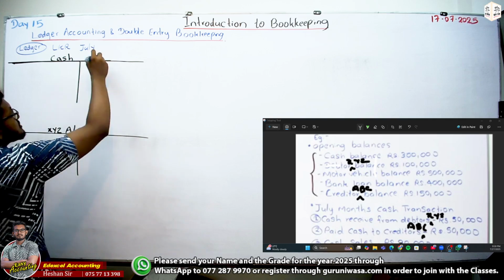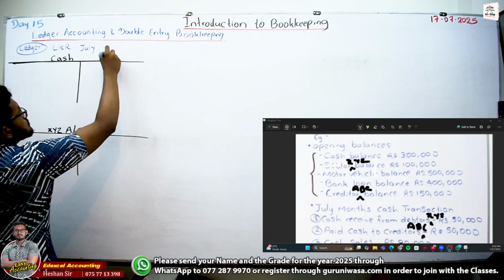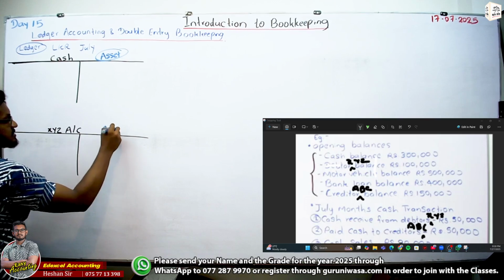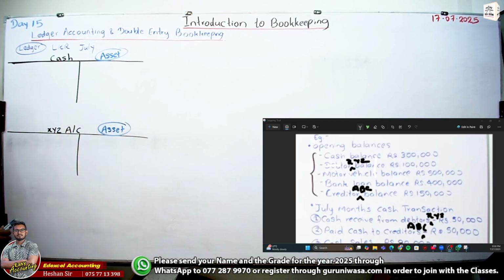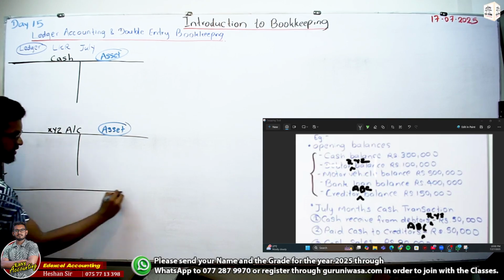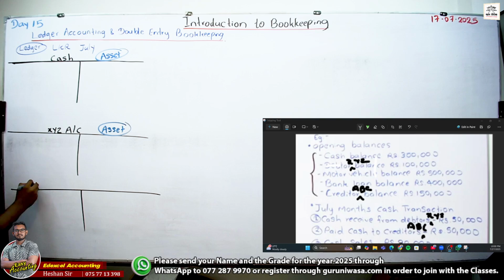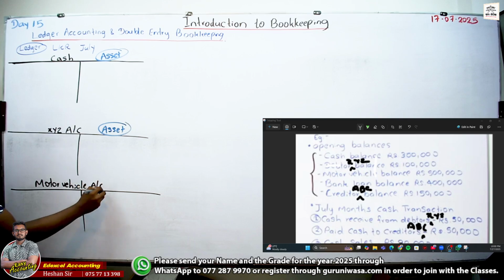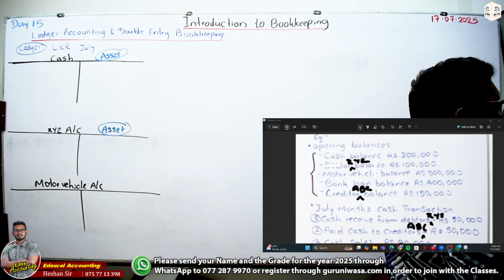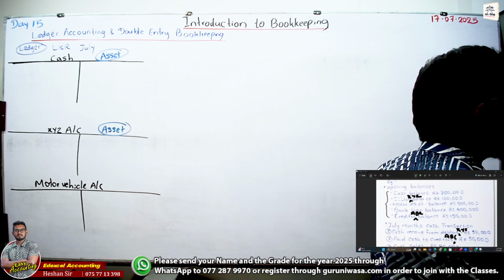It's obvious. XYZ is also an asset because they are our debtor. Motor vehicle: you need to have another account as motor vehicle. Then you need to have a bank loan account.